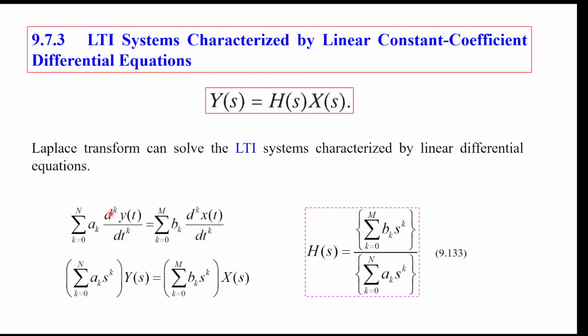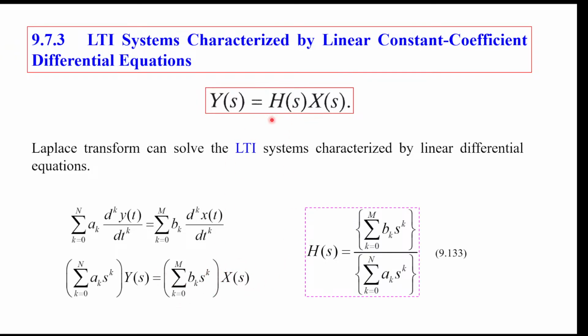The differentiation property says that whenever you do a differentiation, you just get a multiplication by s. So you have kth power differentiation here, then you get s to the k here, and the linear combination just gets a linear combination. So sum of a_k s^k times big Y equals sum of b_k s^k times big X.